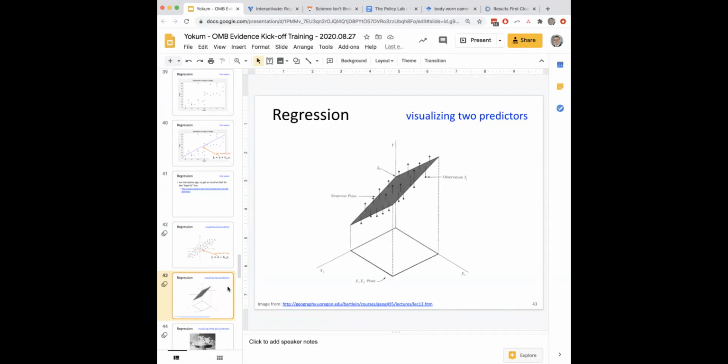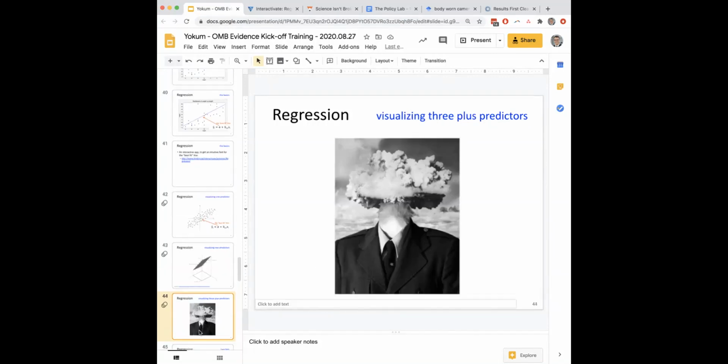And then, of course, there are regression models that throw in all kinds of stuff, three and more. And this, you cannot visualize in your brain. You can't actually show it in a graphical way, but the concept of what a regression is trying to do, of drawing that line through all of the points, is still the core of what's happening, even with more complicated regression approaches.